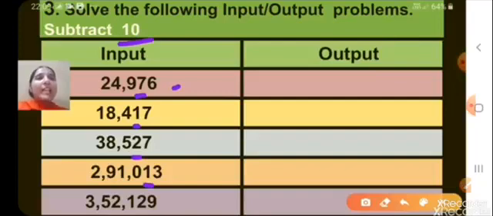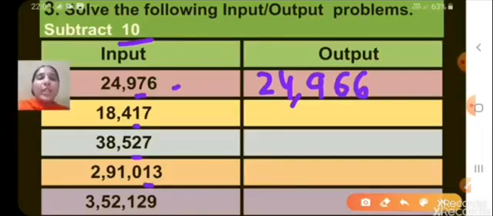So what will we get as output for the first number? It will be 24,900, and 7 minus 1, what will we get, children? Yes, 966. Got it? You can do it manually as well, but that is the shortcut method where you just subtract 1 from the digit at the tens place.